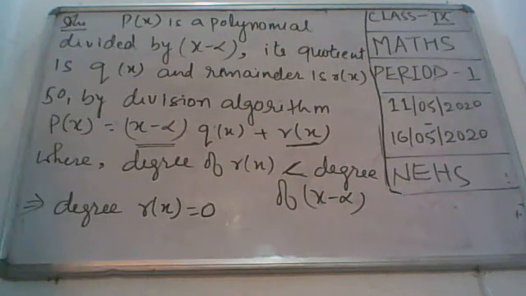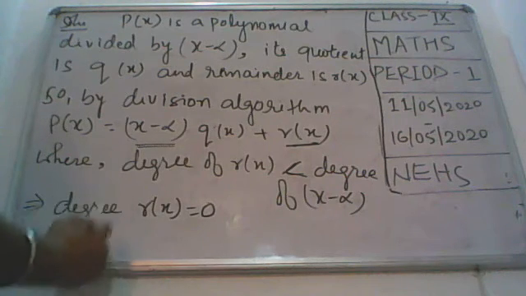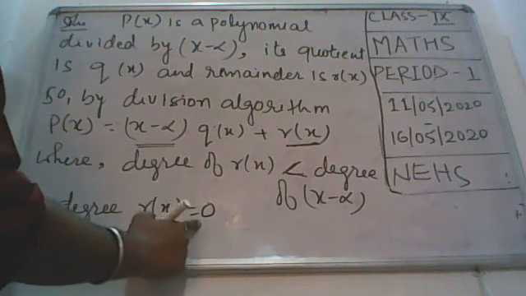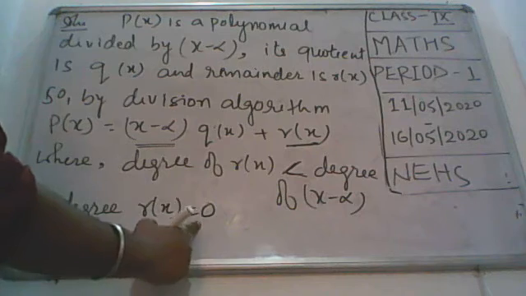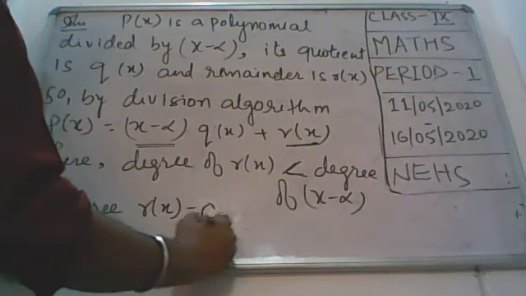Why? Because the degree of x minus alpha is 1. Okay, so if the degree is 0, then R(x) is a constant. The degree of a constant is always 0.